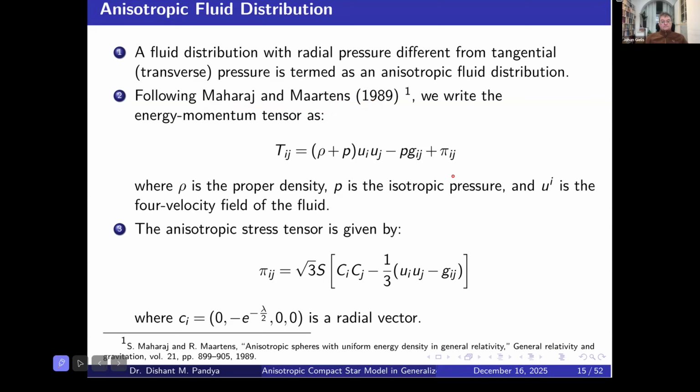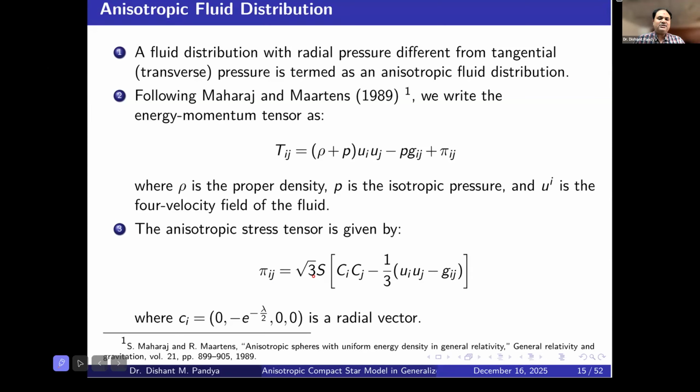So this is the governing energy momentum tensor equation, where obviously rho is the proper density, P is the isotropic pressure, and u_i is the four-velocity field of the fluid. Now, this is the basic representation. But what do we mean by this pi_ij?